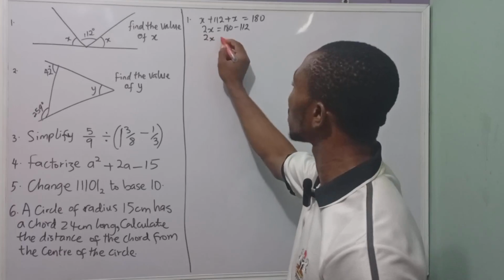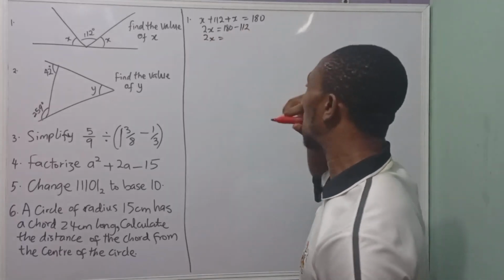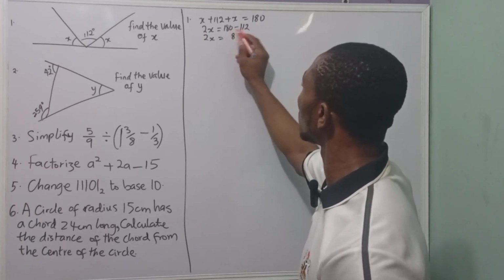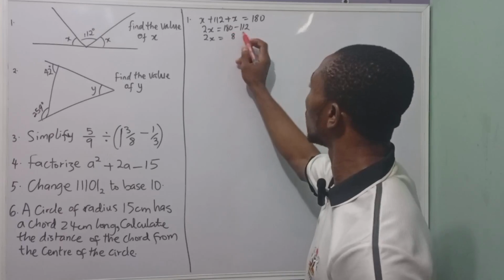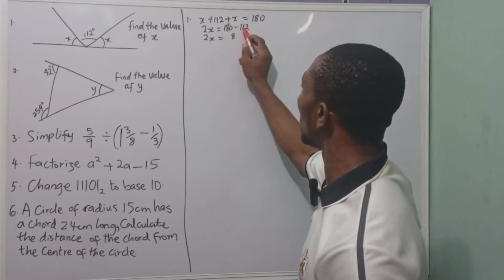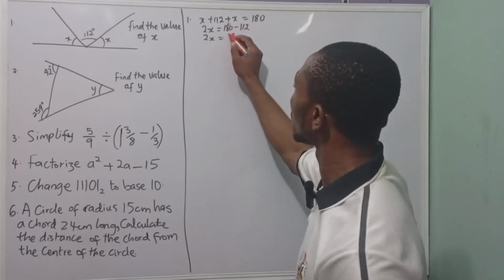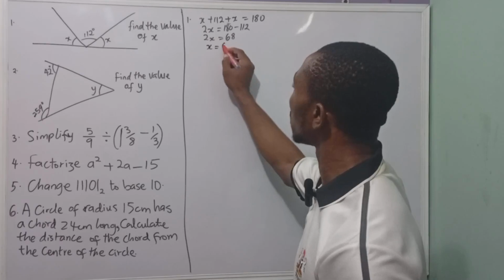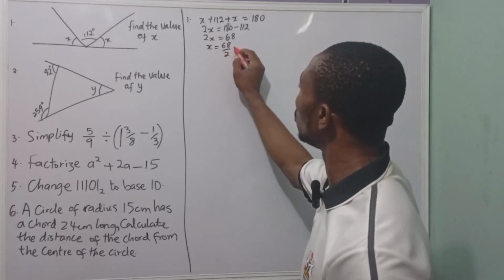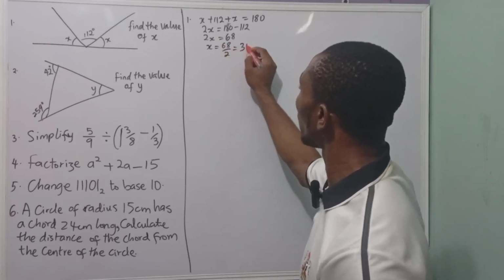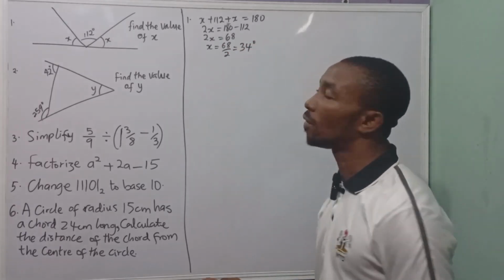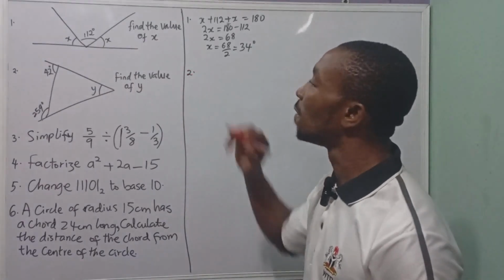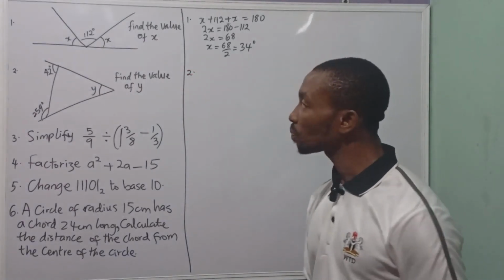So 180 minus 112 gives us 68. Our x equals 68 divided by 2, which will give us 34. So the value of x in this diagram would be 34 degrees.